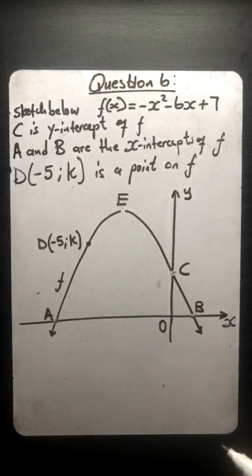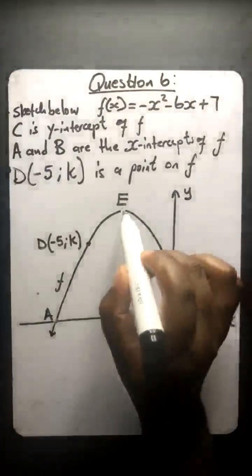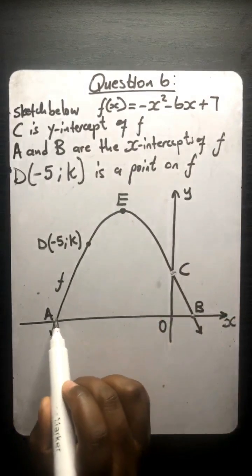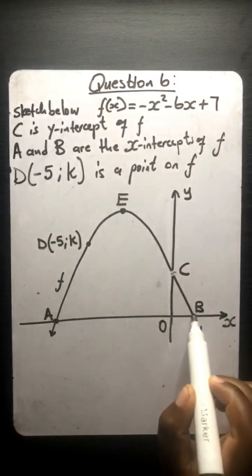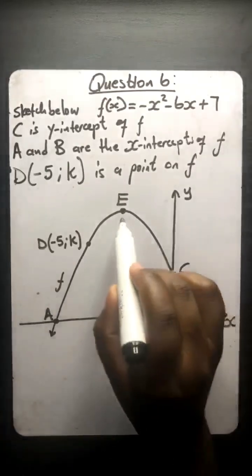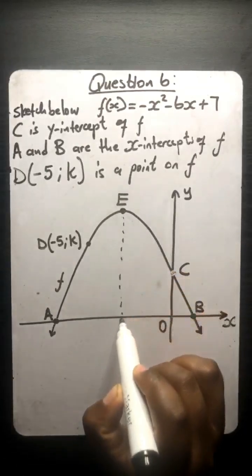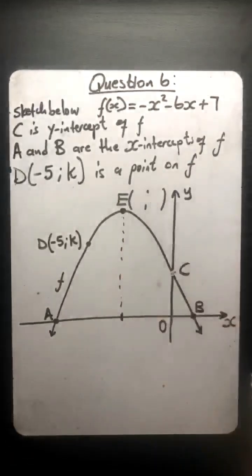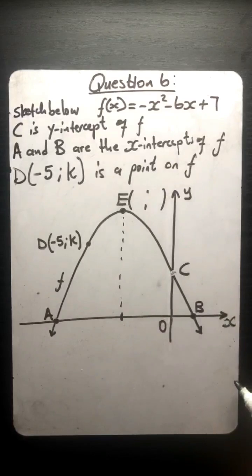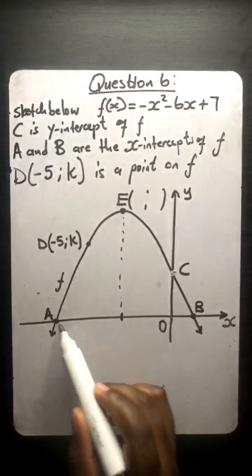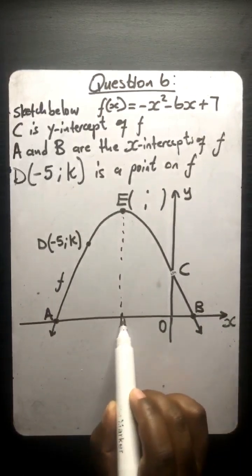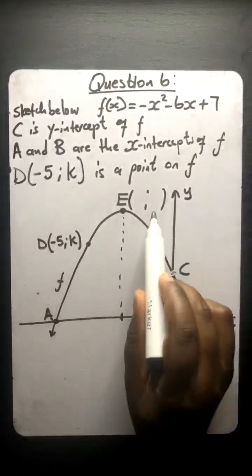Good people, you need to remember something. When it comes to turning points, either you are given two points, and then you can easily calculate the x value at the turning point, then use that x value to substitute into the formula, or use these points to derive a formula where you get the x value and then find the corresponding y value.